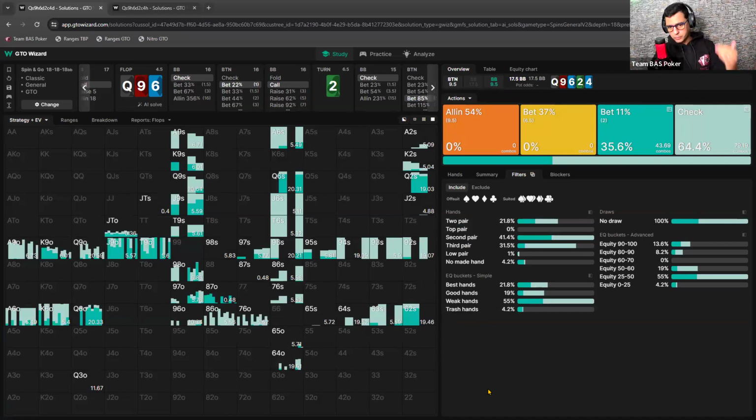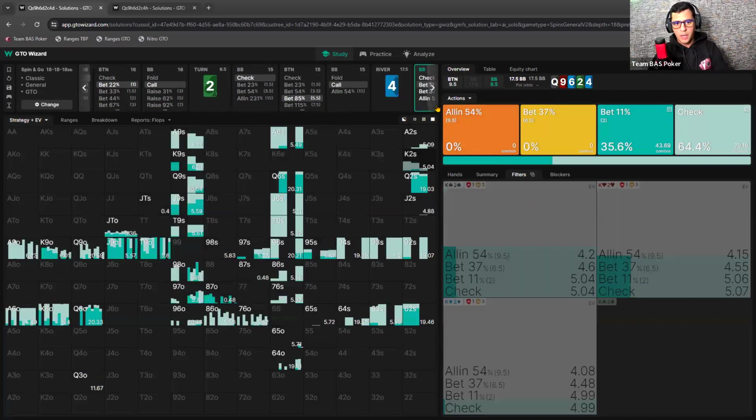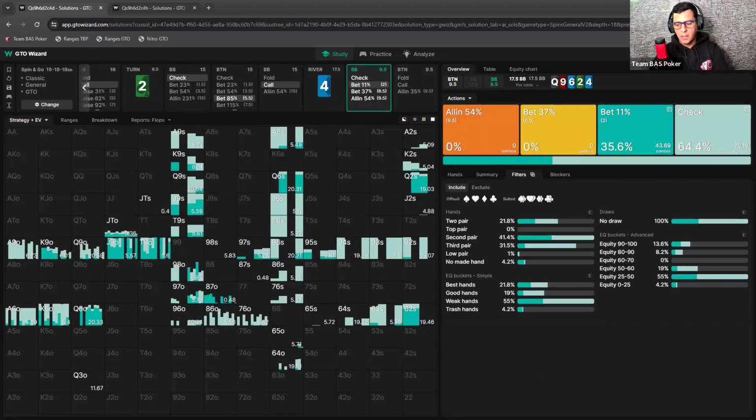So this is how he's constructing his range, and this is where the beauty of this play comes, is that we can use it with a very, I mean, this is not a very wide range. I will get to this point in a moment, but it's still in the GTO frequency still a wide range.